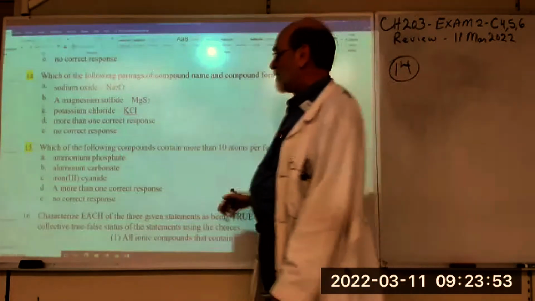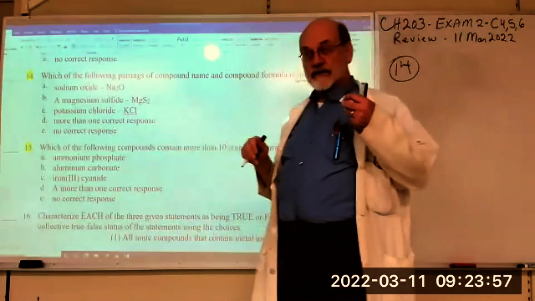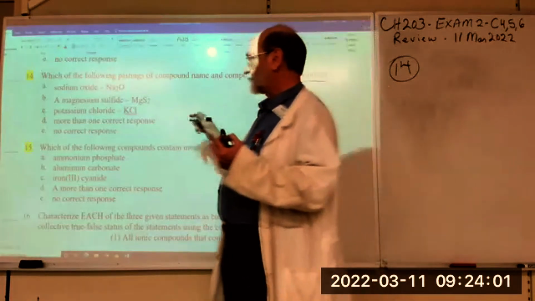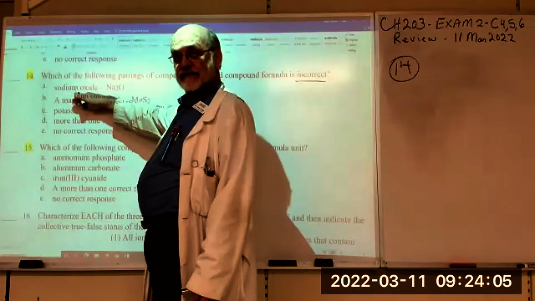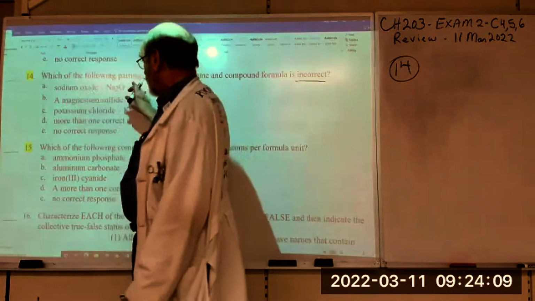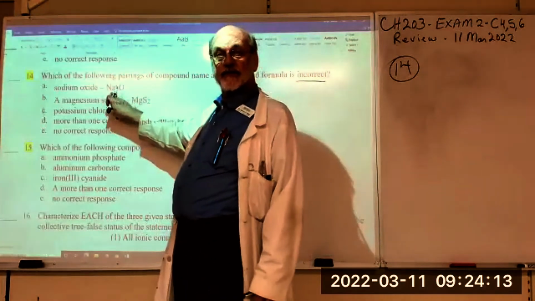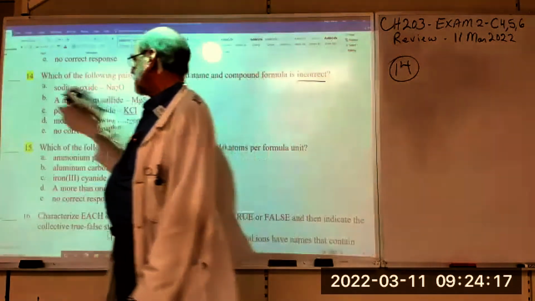Okay. How about sodium oxide? Is that correct? Sodium's a fixed charge, it's the metal, right? So sodium oxide would be a correct name. You only have to say sodium and oxide. But is the formula correct? Well, yeah, oxygen's -2, sodium's +1. So you need 2 sodiums. All right, so A is correct.